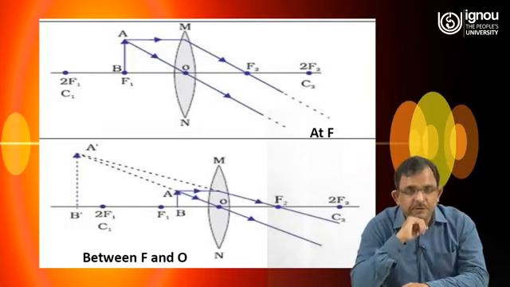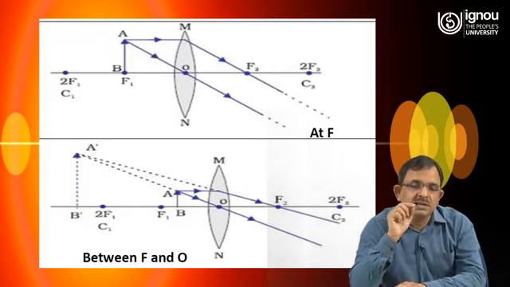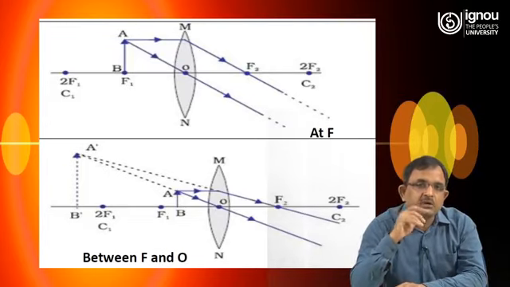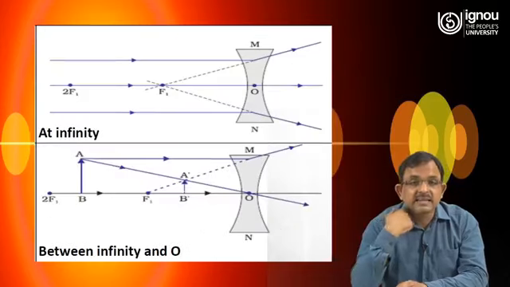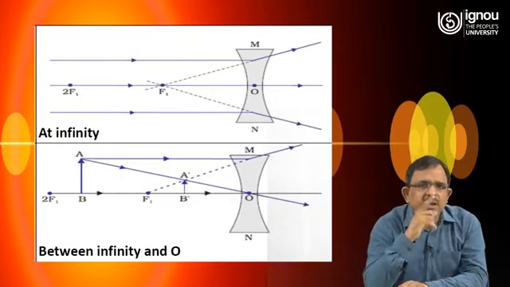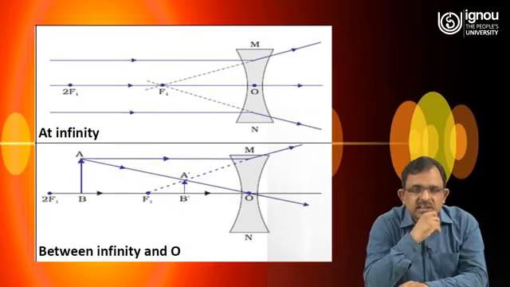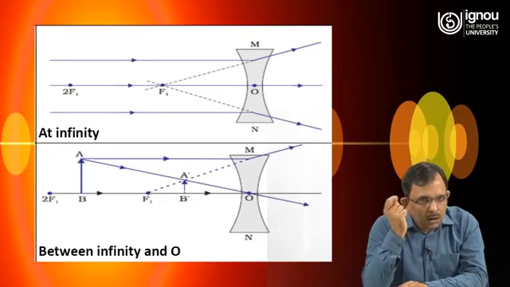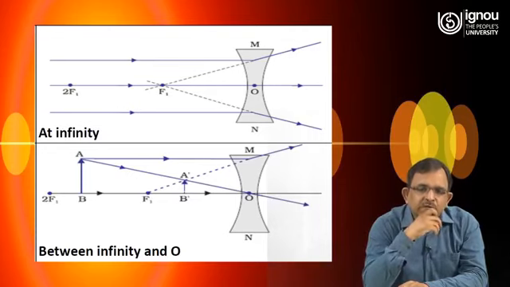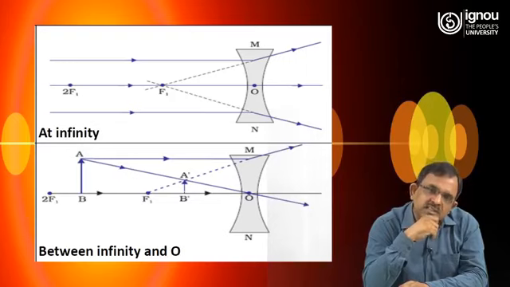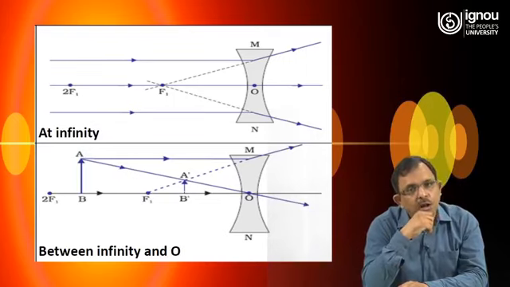That's why here you can see that we have shown the image by a dotted line and not by an exact line. Similarly, you can explain how images can be formed by convex as well as concave lenses.